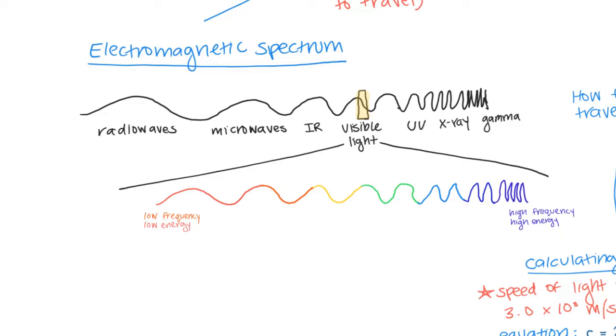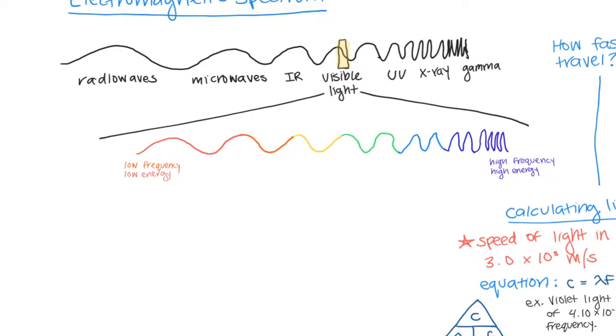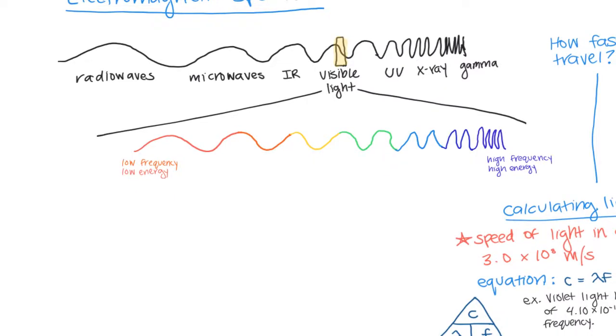So within our very narrow region of visible light, we have our different colors. So if you recall us mentioning in class, the frequency of the visible light and the wavelength of visible light affects the color that we see. So our lowest frequency on the left side of this spectrum and our lowest energy light waves are going to be the color red, right?